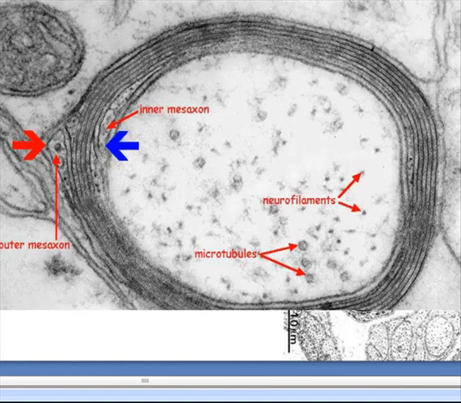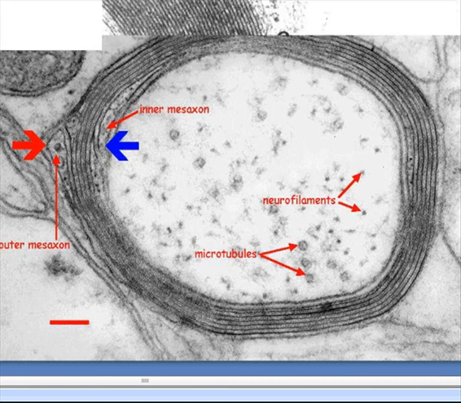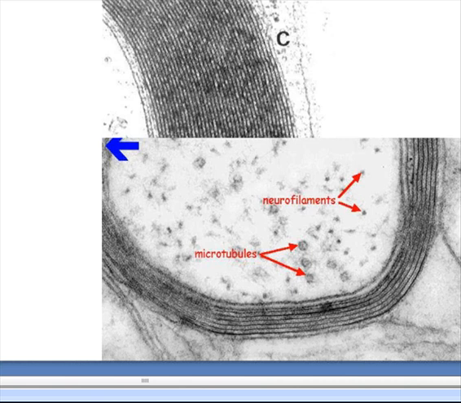Another thing that you could do is actually measure them. So if you wanted to have a trivia question with your friends, you could ask, how many layers of myelin are in 1 micron? If you remember, a red blood cell is 7 microns, so 1 micron would be 1/7 of a blood cell.